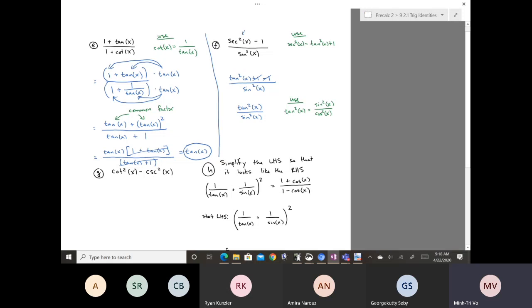Okay, so now I'm using a second identity. So this will go into the numerator. So what do I have? Sine squared over cosine squared over sine squared.